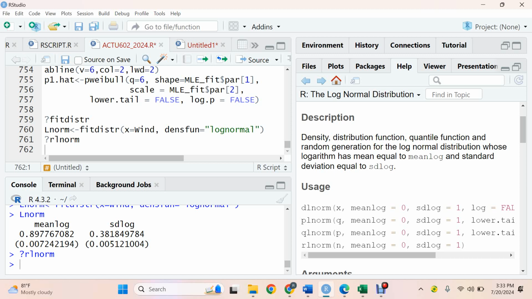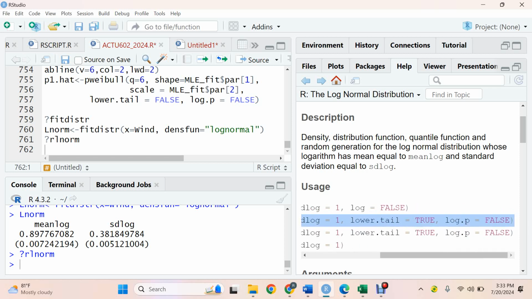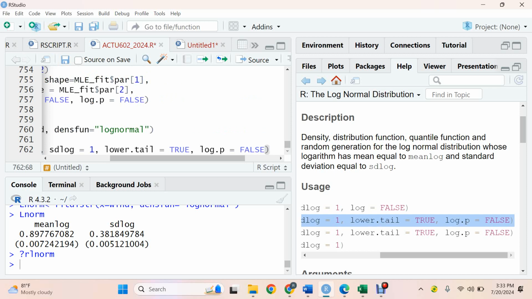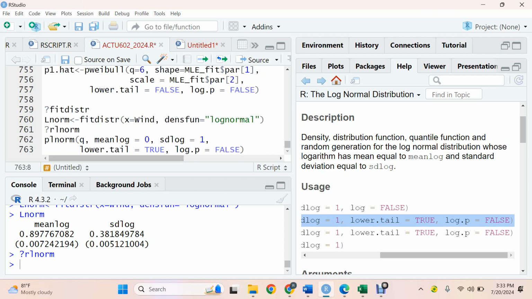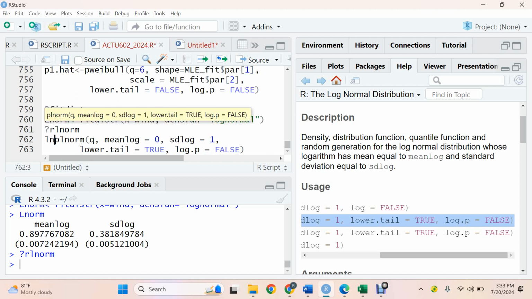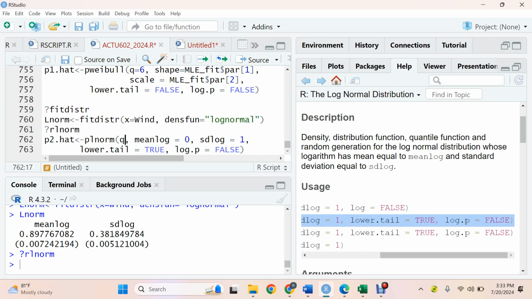Okay, so what is happening is that now we can also come here and take P norm, right? PL norm. So we just fit in L norm. Let's say P2 hat is for the log normal distribution. So K is still 6.